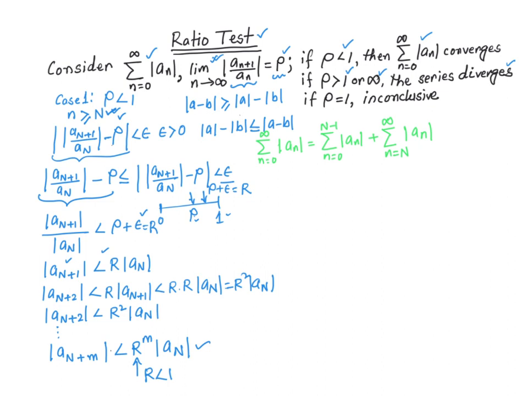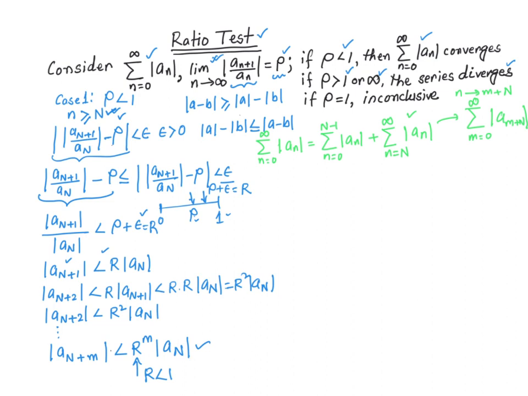Now, I'm going to do a little bit of subscript manipulation. So in this one, I'm going to replace n by m plus n. If I do that, I'm going to get the following. I'm just going to write this part only. So it's going to be summation m equals 0 to infinity of the absolute value of a sub, replacing n by m plus n, so the absolute value of a sub m plus n.